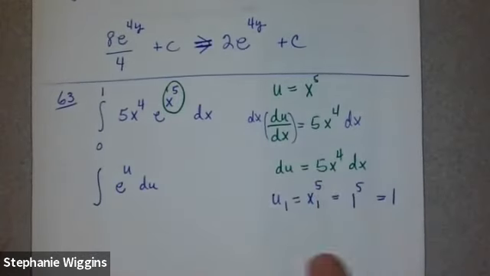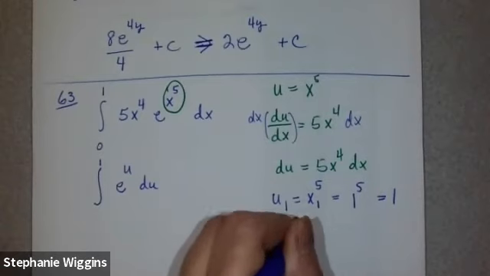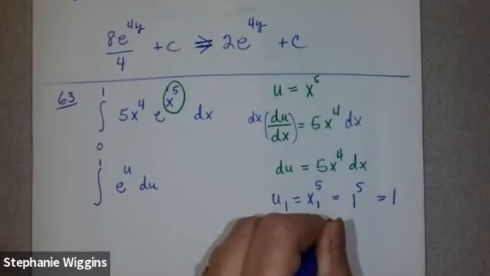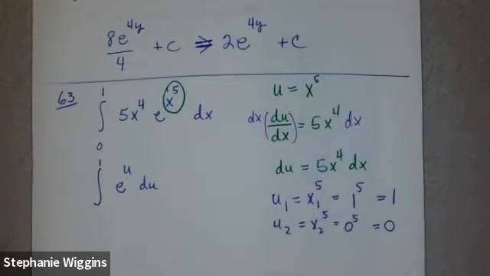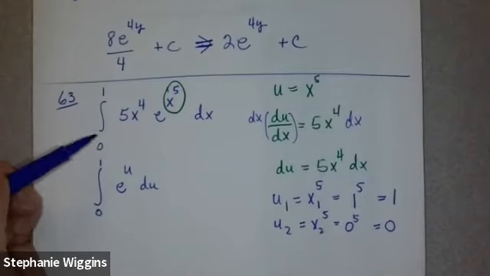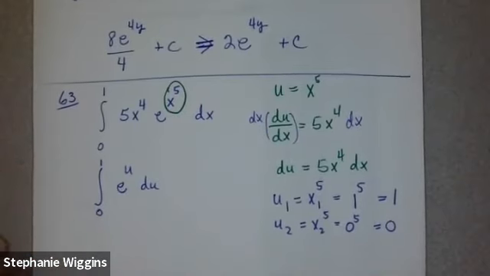Now, it's not always going to be the same number, but in this particular case, it is. And same with 0. u2 is equal to x2 to the 5th, which is 0 to the 5th, which just happens to be 0. So we get 0 on the bottom. But normally, when you convert them, these numbers are different. Okay, it's just by coincidence this time they're the same.